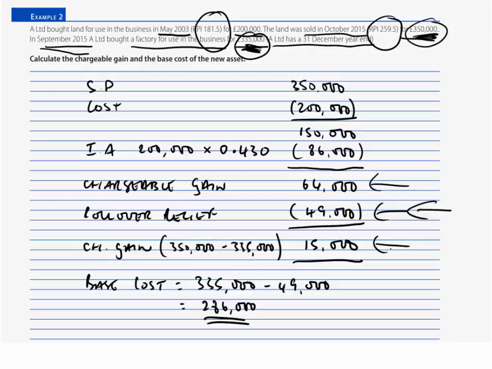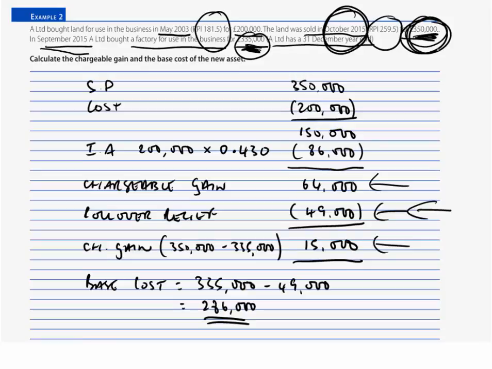Well, of course, the window of opportunity for rollover relief has not as yet closed. The disposal was in October 2015. Reinvestment of those proceeds of £350,000 may go on, and a rollover relief claim may then be made so long as reinvestment has occurred within 3 years of that disposal date.